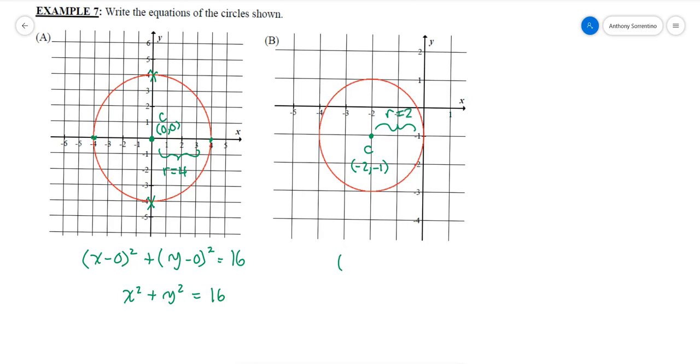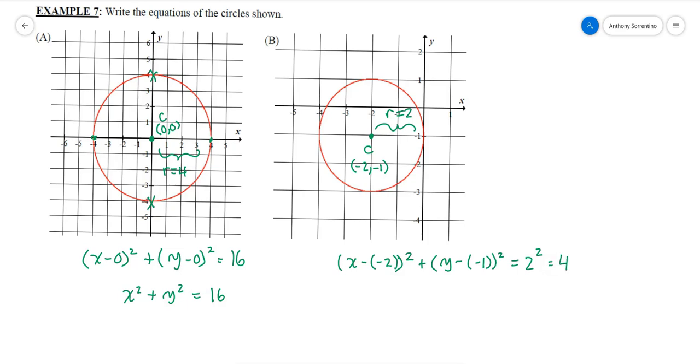So again, following the structure, I'm going to write (x minus -2) squared plus (y minus -1) squared equals the radius 2 squared, which of course is 4.